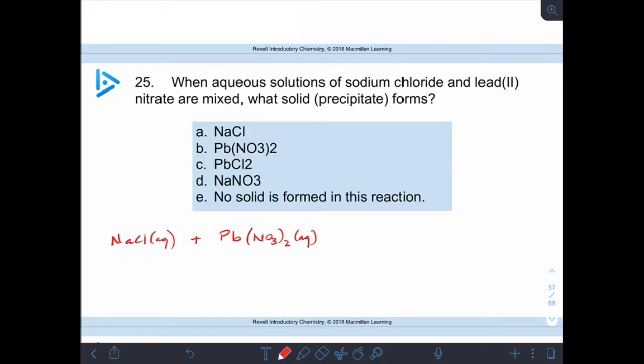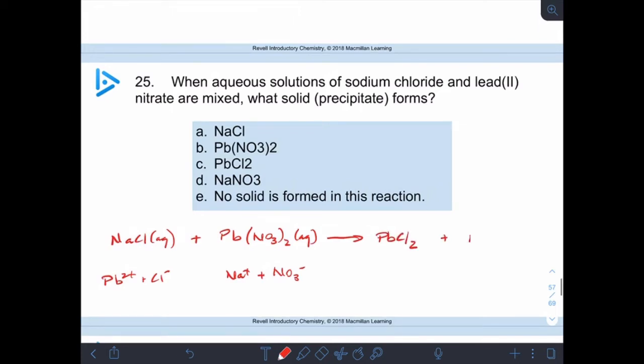So do a double displacement, and we're going to take lead 2 plus and chlorine minus, and sodium plus and NO3 1 minus. So we put those together in the correct ratios, and we get as products a lead chloride and a sodium nitrate.